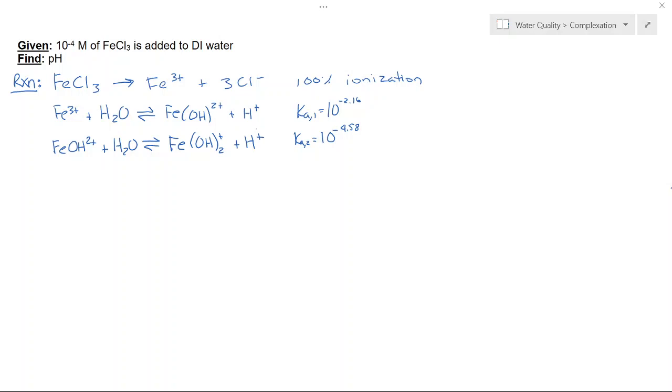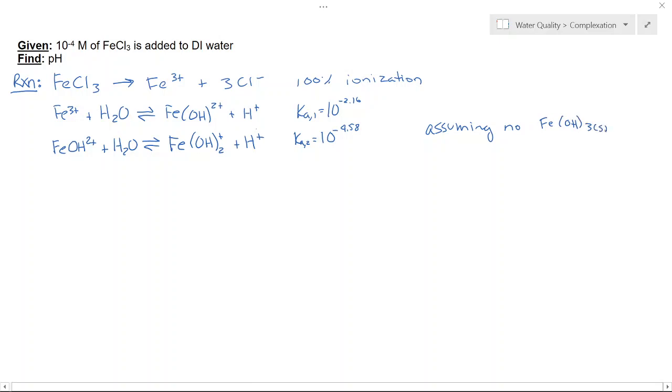So here, ferric iron ion is being treated as a diprotic acid, so we're ignoring the FeOH4 minus, and also in this problem, we're assuming that there is no ferric hydroxide solid forming.